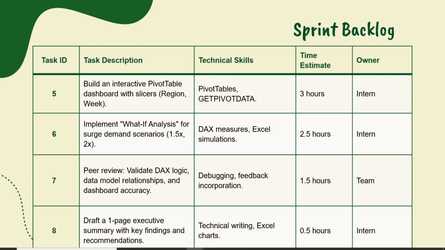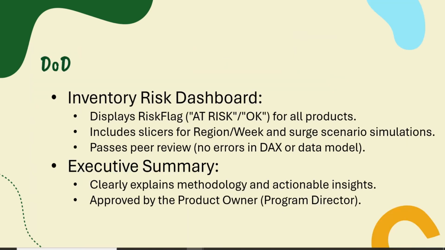The seventh task will be a task for every team member, which will be a peer review to validate DAX logic, data model relationships, and dashboard accuracy. The eighth task will be to draft a one-page executive summary with key findings and recommendations.